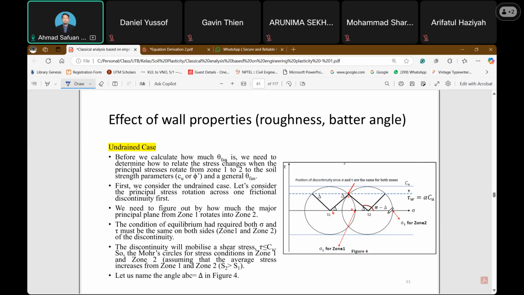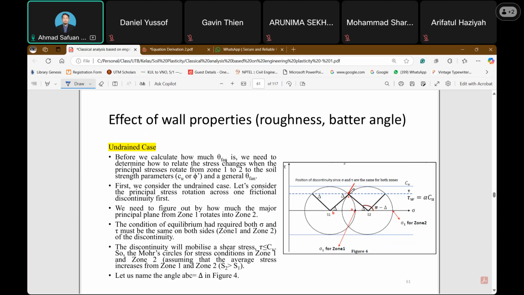In this Mohr-Coulomb circle, we could not determine the theta fan. That's why we translate it into the first diagrams.